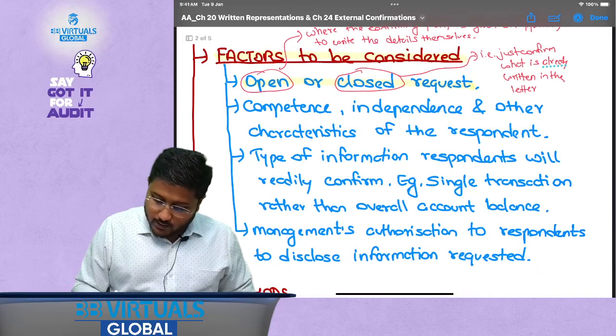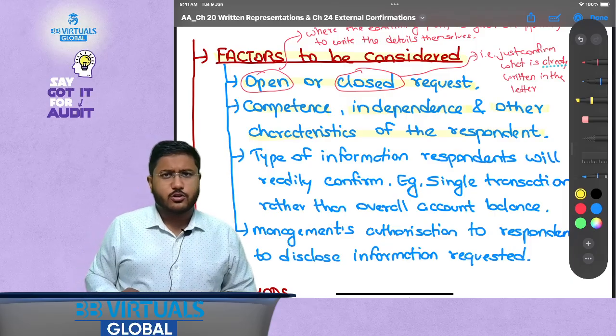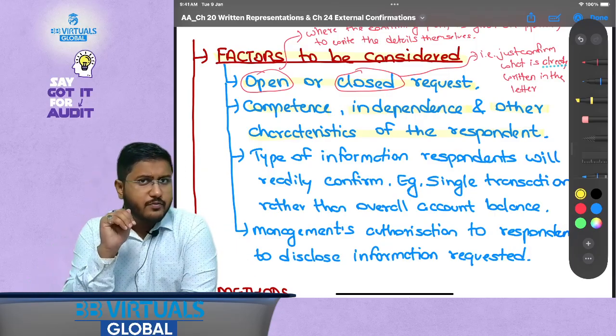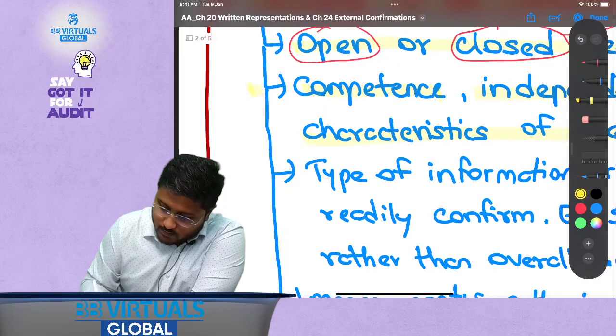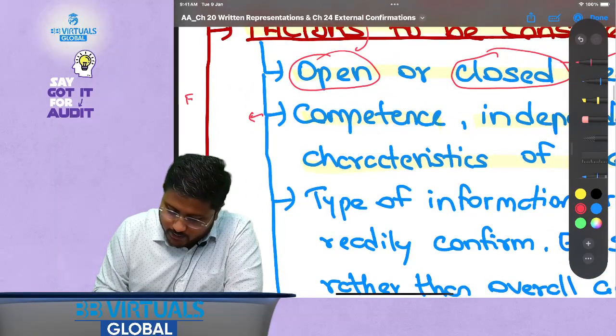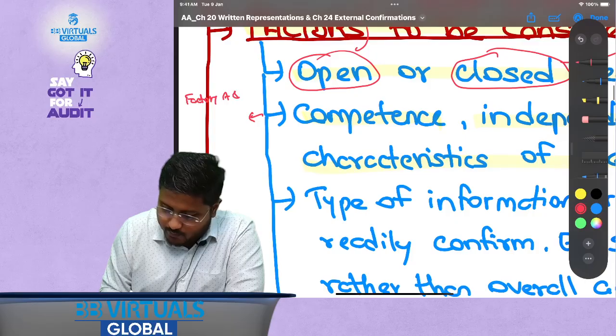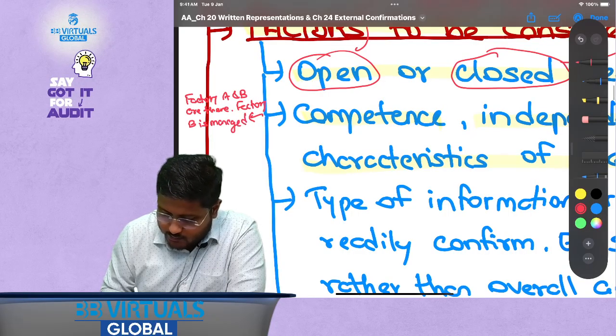Now competence, independence and other characteristics of the respondent. For example, let's take this example over here. Factory A and B are there. Factory B is managed by less competent parties.